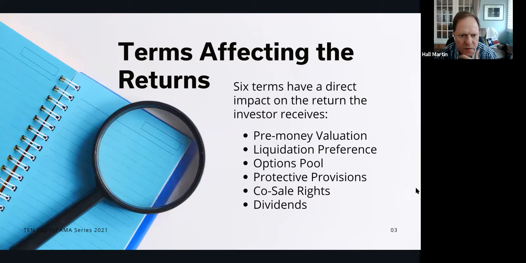So the next one is the protective provisions. This is when you include electing board members and who can influence the operational decisions, such as approving future fundraising rounds. So these are tools around who makes decisions, what voting rights people have, who's on the board. These are key factors that go into it.